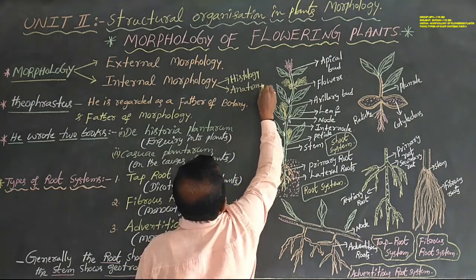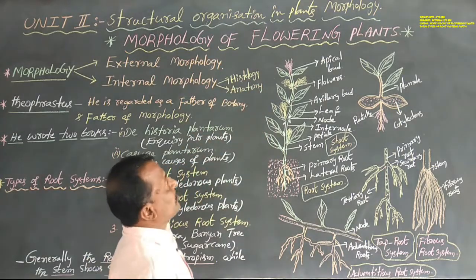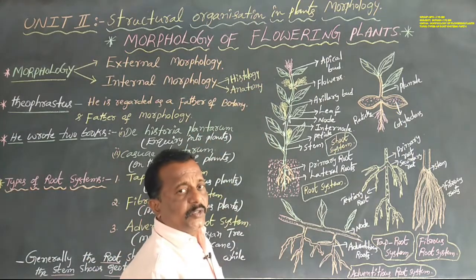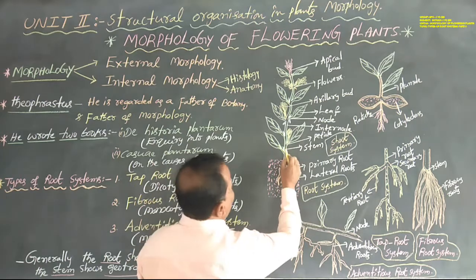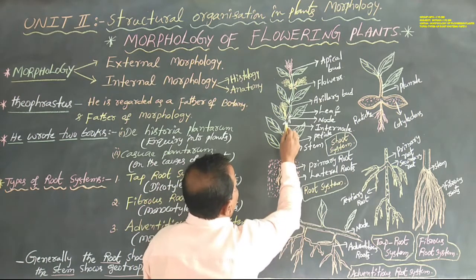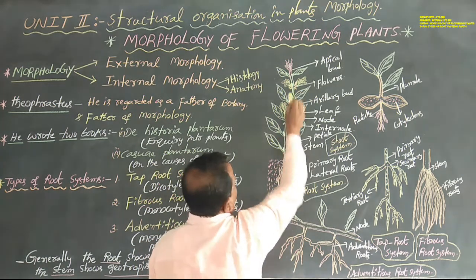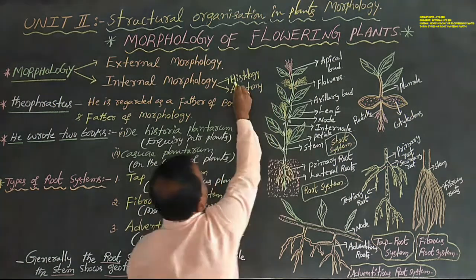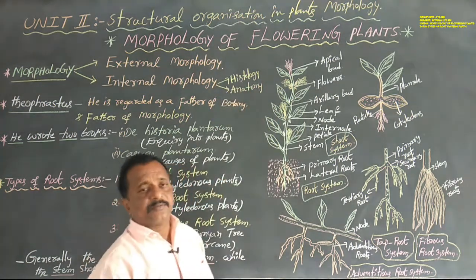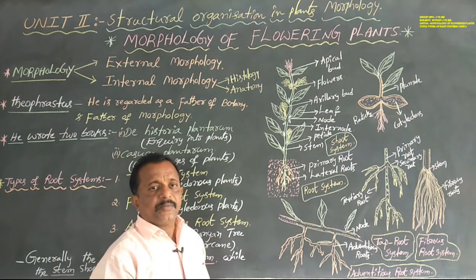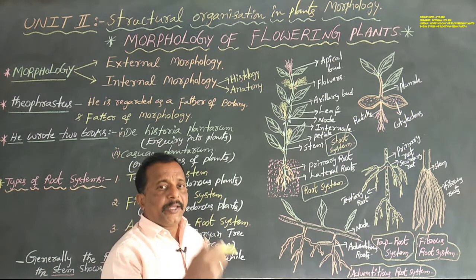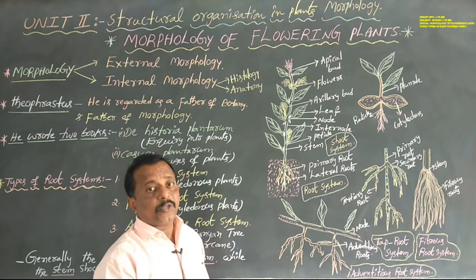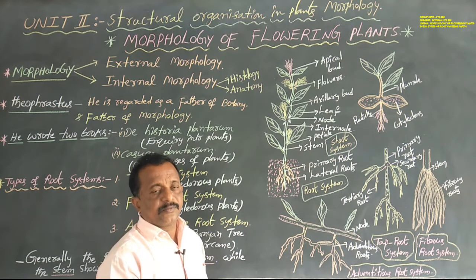Now, what is the meaning of histology? It deals with the study of different types of tissues in the plant body, that is called histology. Generally, a typical plant body is made up of more than 2 cells.